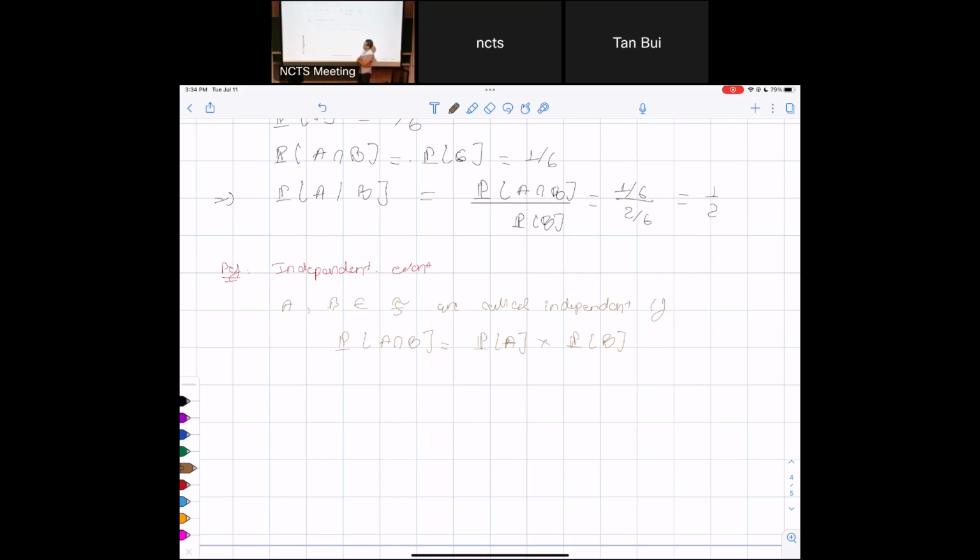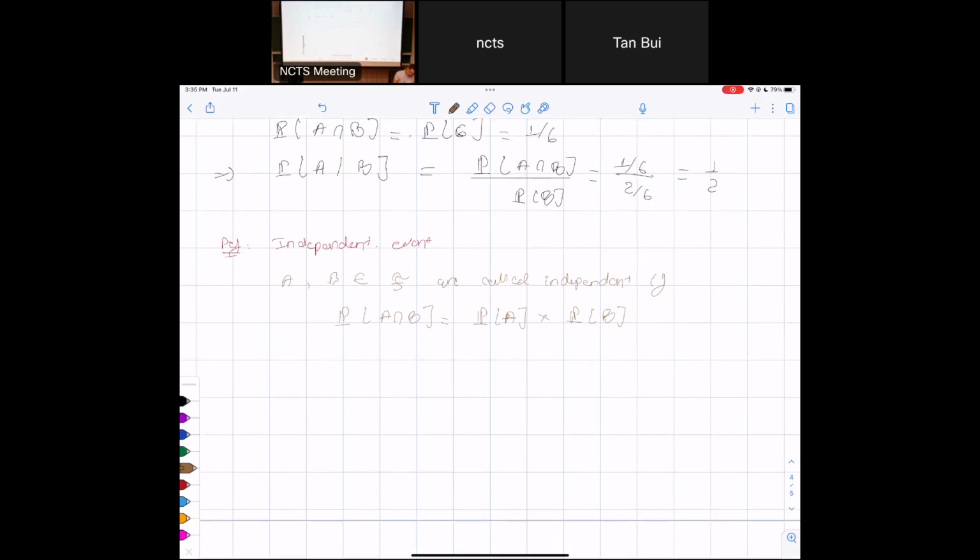Think about our area or volume. But this is where we shouldn't do the area thing. Independence is actually a little bit deeper than what it should be, right?